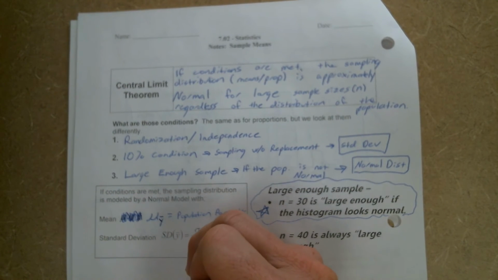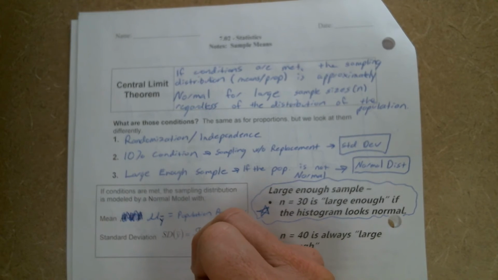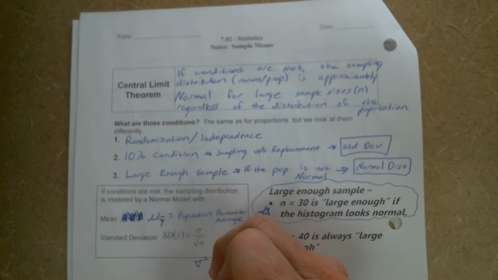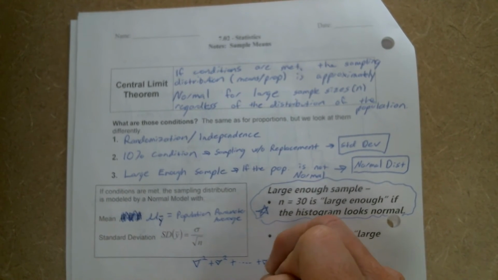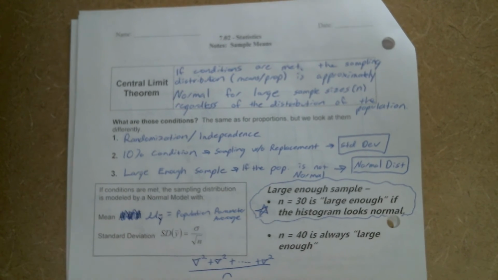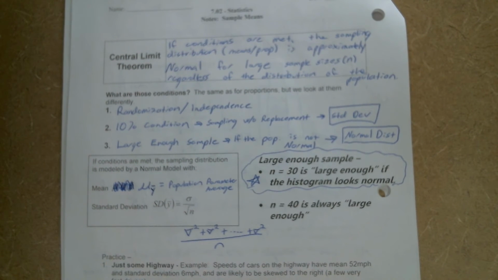So we could think of this as the variance plus the variance plus the variance, and so on, plus the variance, and I'm dividing by n. I'm calculating the average variance across all of my samples there.